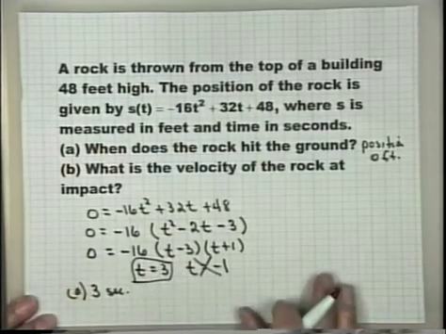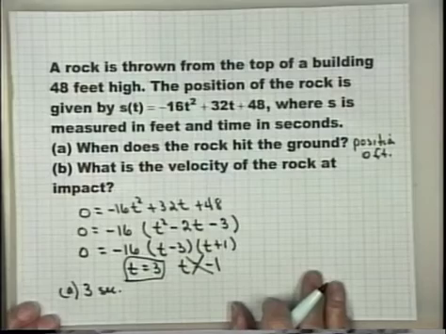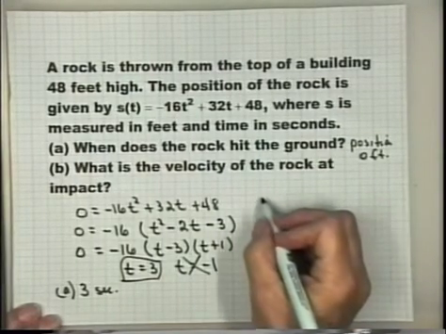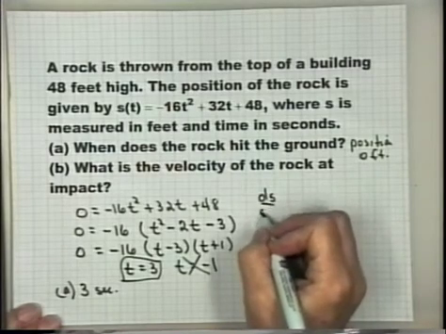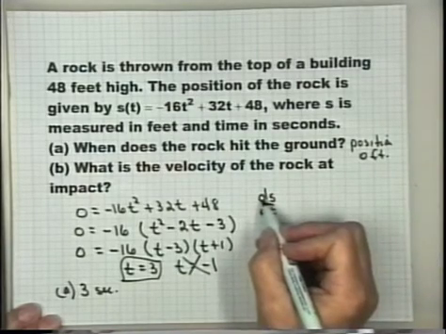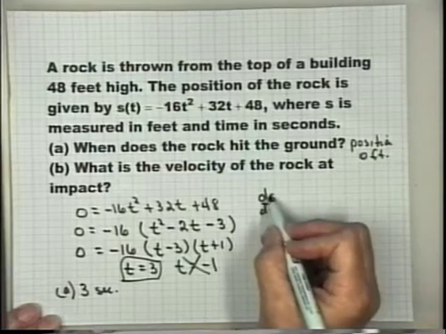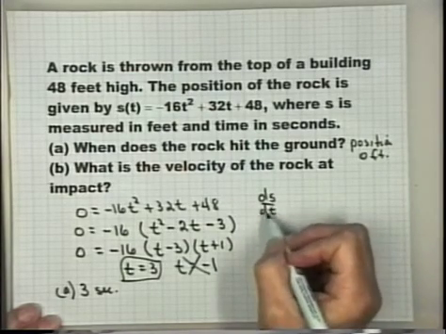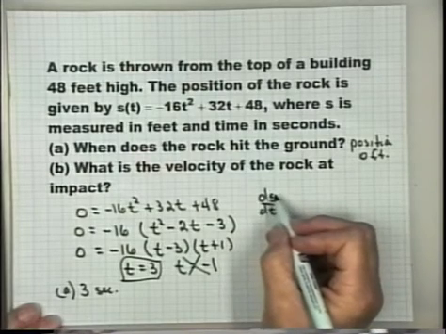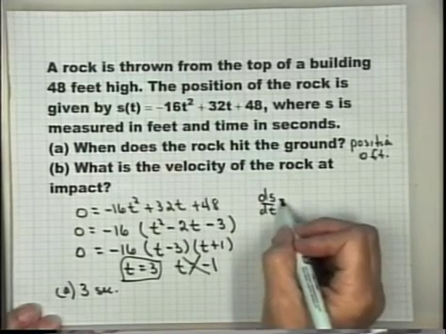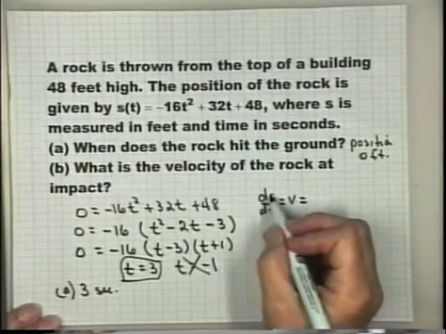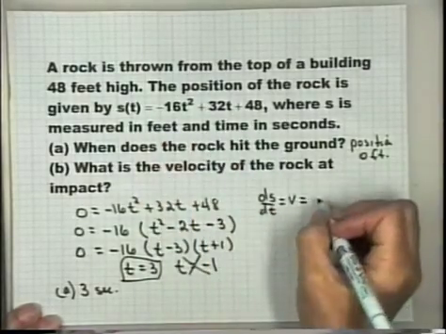The second question, what is the velocity at impact? Recall when you learned about a derivative, if I find ds dt, I'm getting the instantaneous rate of change of s with respect to t. Position with respect to time, rate of change, is velocity, isn't it? So the velocity can be found by taking the derivative of my position equation.